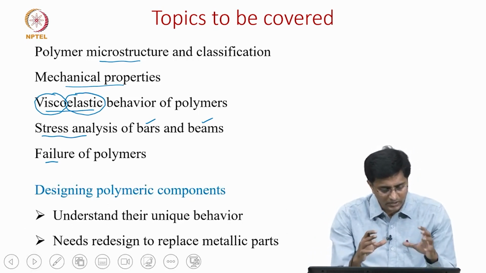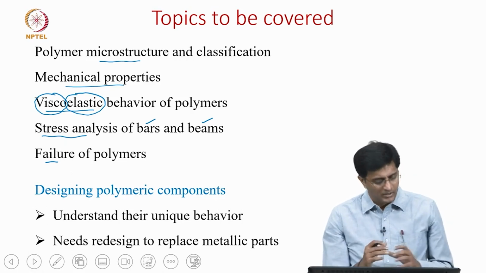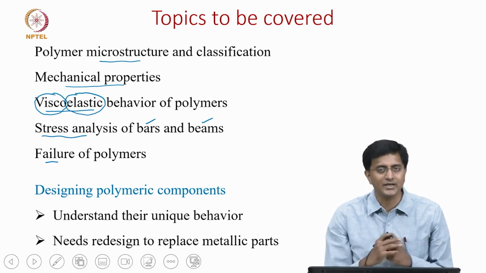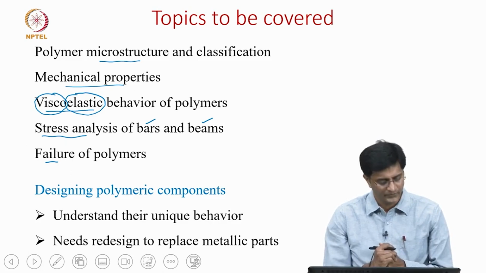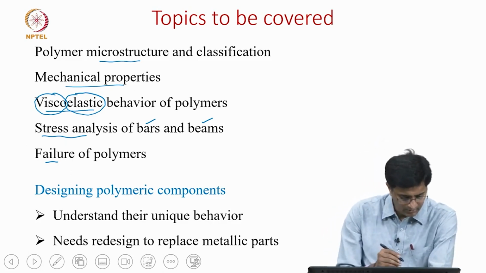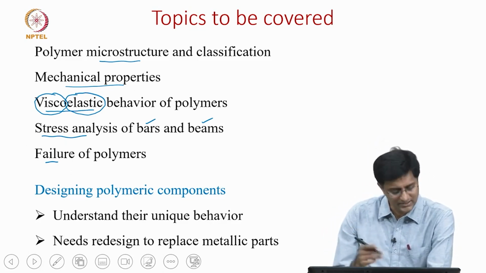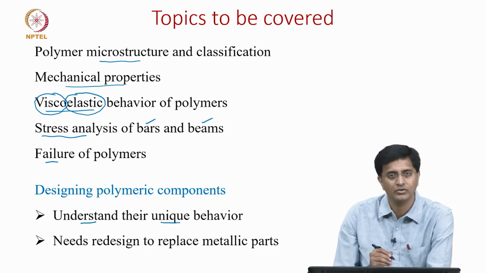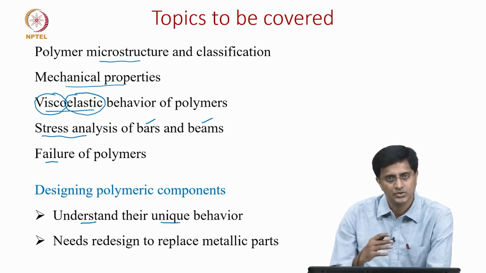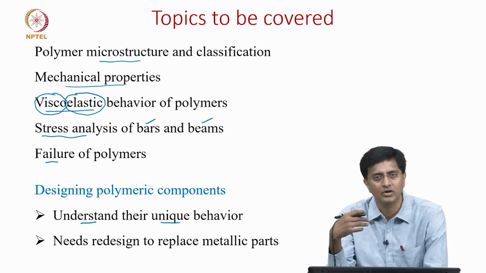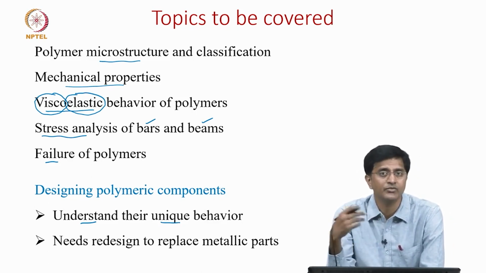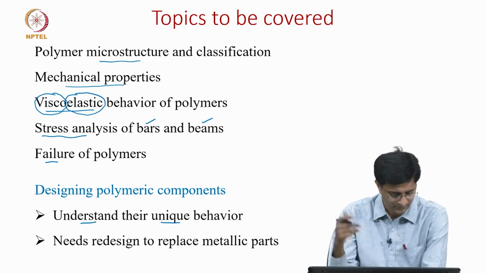So, once we cover all these topics, the aim is we should be in a position to design and analyze polymeric components. As I mentioned here, this process of designing and analysis is possible once we understand the unique behavior of polymers. So, again I am emphasizing, repeating, that polymers behave very differently from other materials.